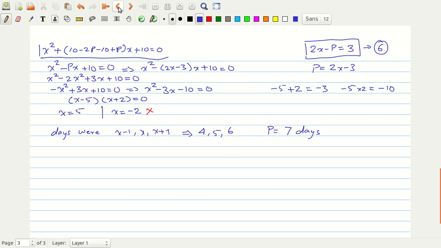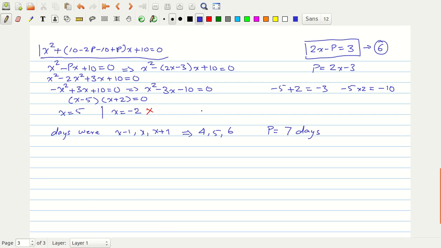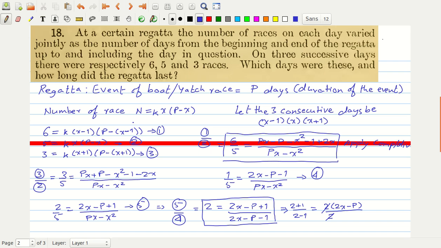Suppose we had one more question. Can we find this complete equation n? Okay. This is also easy to find. We just have to use, let us say, x. We know, let us use equation number 2.